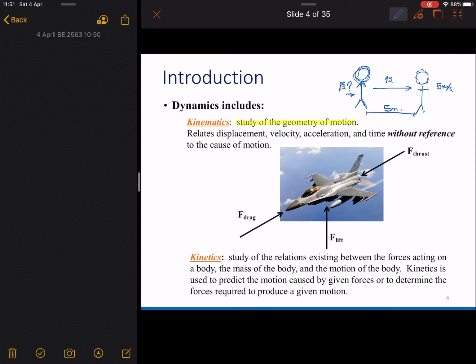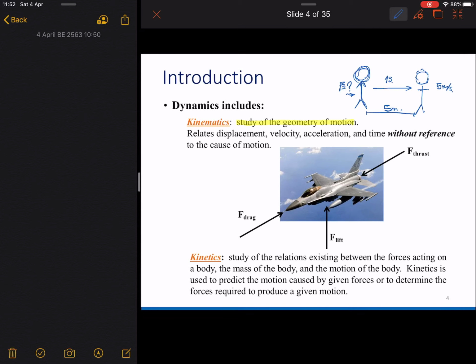Then we have another term, kinetics. Kinetics is the study of the relation between the forces acting on a body, the mass of the body, and the motion of the body.